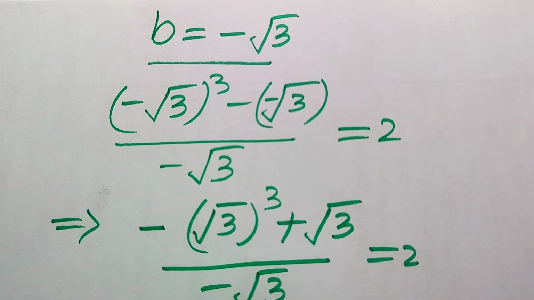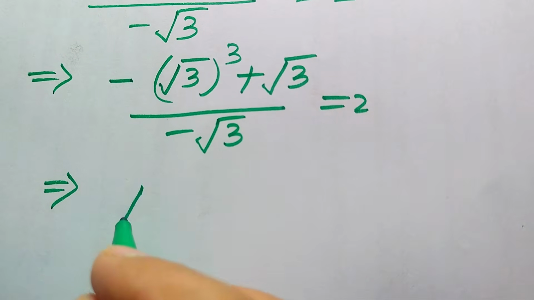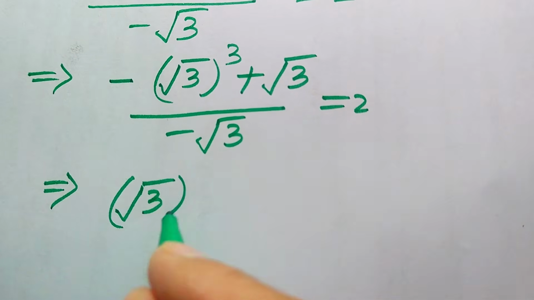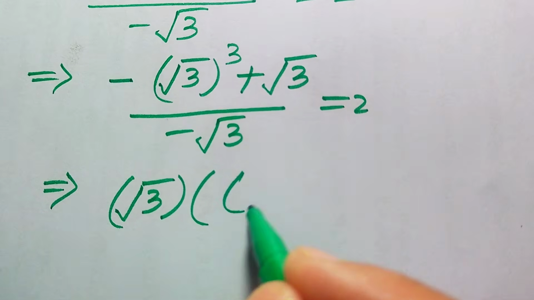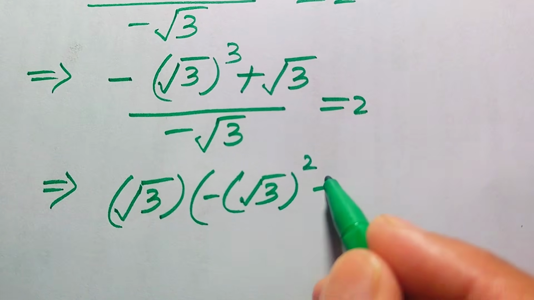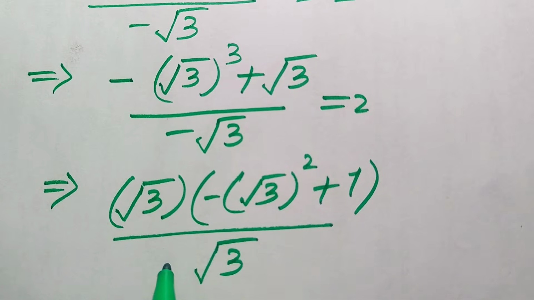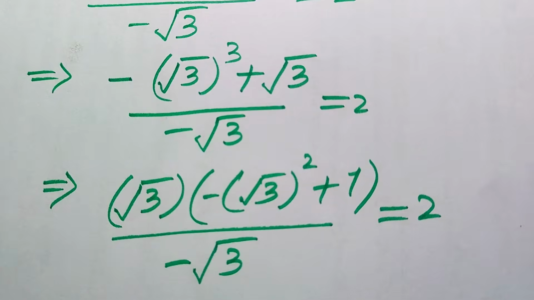And further, in the next step, you see that in the numerator we have square root of 3 as the common term. When we take square root of 3 common, the remaining values are (minus square root of 3) whole squared plus 1, divided by square root of 3, and this equals 2.